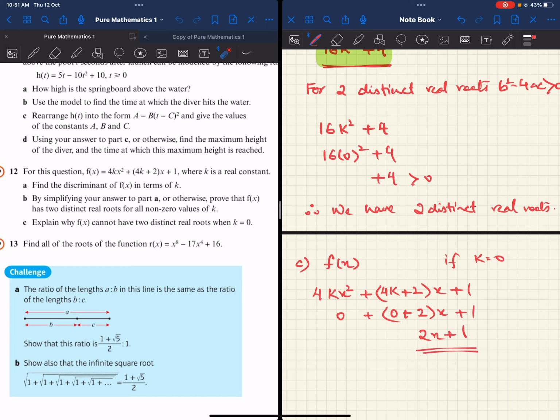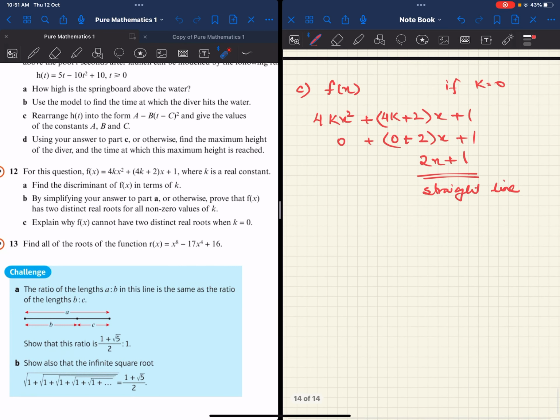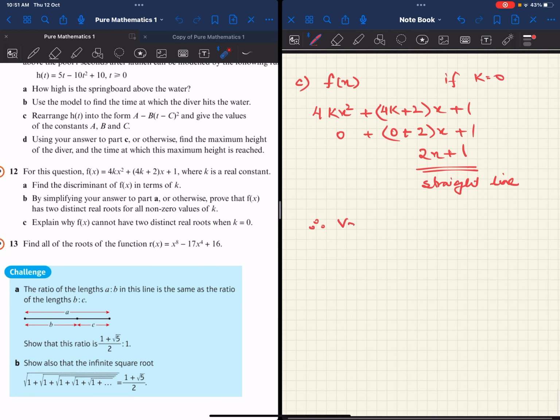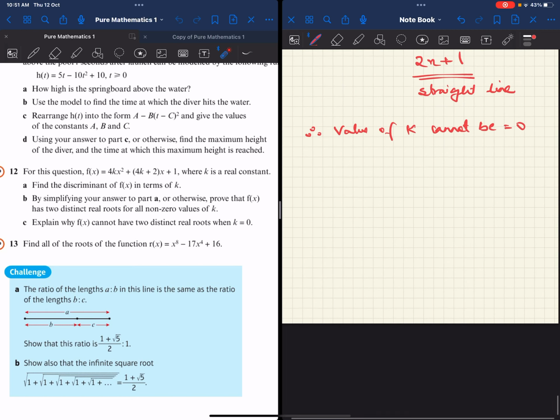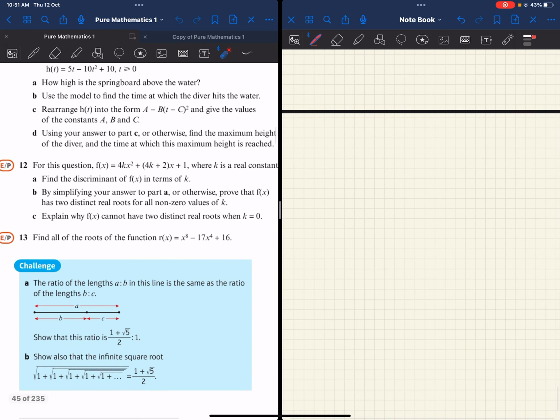Now 2x plus 1 is the equation of a straight line. So this is a linear equation, and hence we cannot have two distinct real roots when k is equal to 0. Moving on to the last question, which is 13.